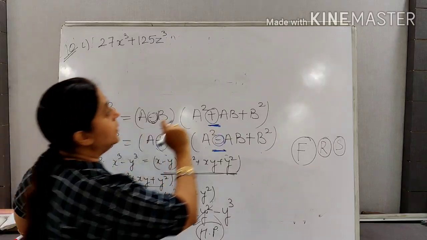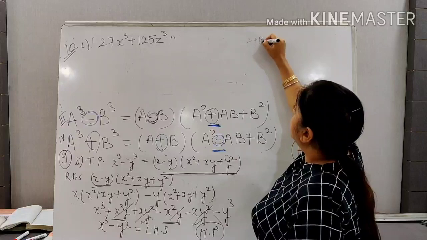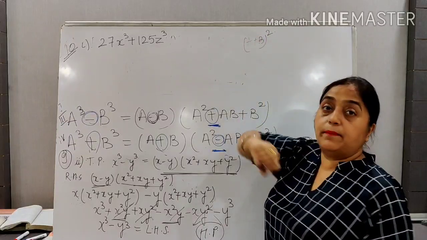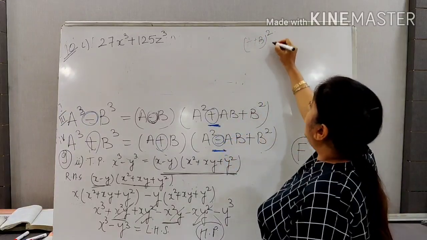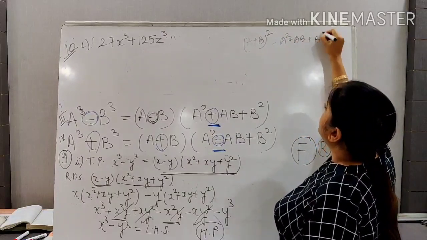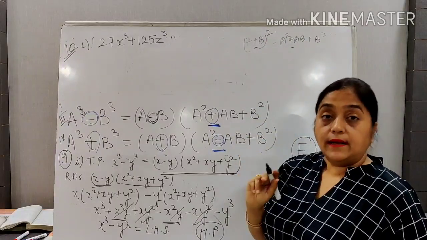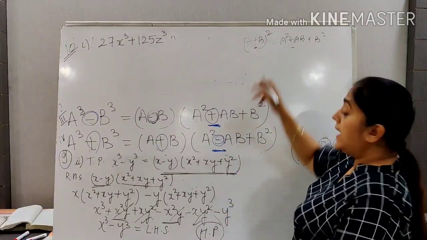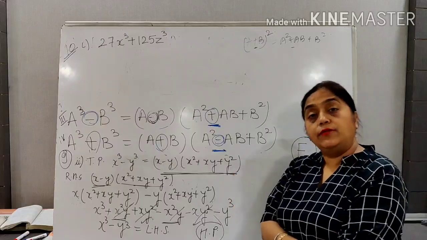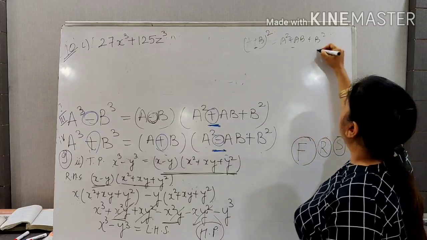Again, what I told you on the first day, when I have to factorize I have to expand a plus b whole square. What I had, it is a square plus ab plus b square, and if it is minus here, it will be minus here. That is what I wanted to say, whenever we have to factorize anything, we have to keep in mind how many terms it is having. So it was having 3 terms.